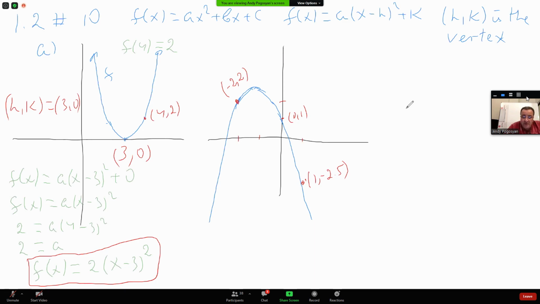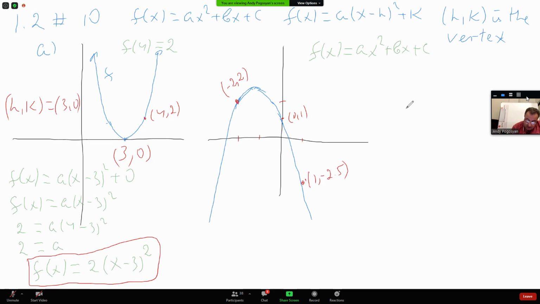They're kind of similar because both of them have 3 unknowns, a, h, k or a, b, c. But the first one is good, and why? We'll see right now. So the first one is f of x equals ax squared plus bx plus c.